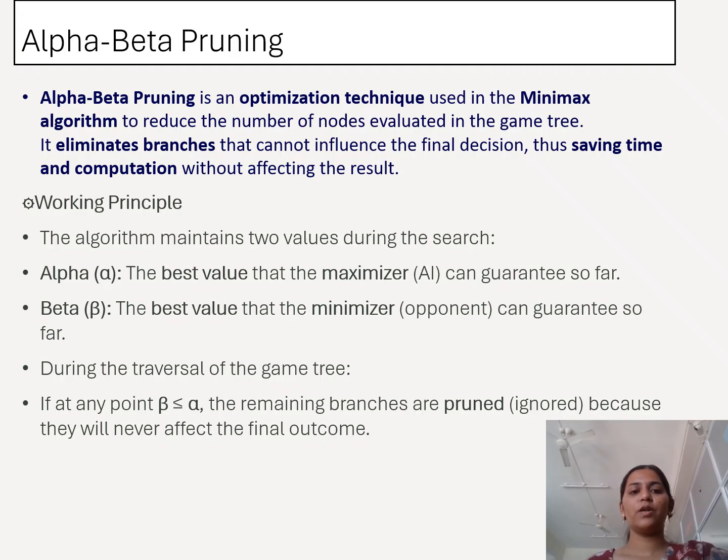Alpha, the best value for the maximizer. Beta, the best value for the minimizer. During the traversal of the game tree, if at any point beta is less than or equal to alpha, the remaining branches are pruned, meaning ignored, because they will never affect the final outcome.